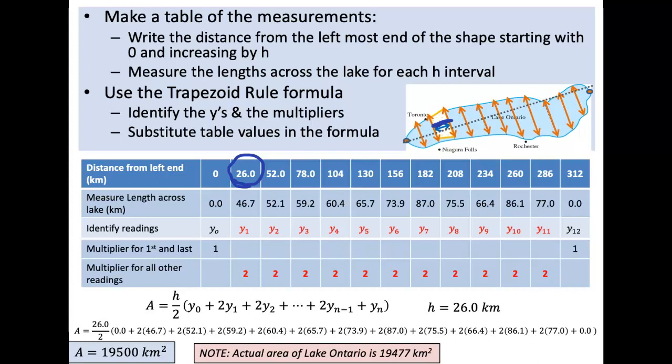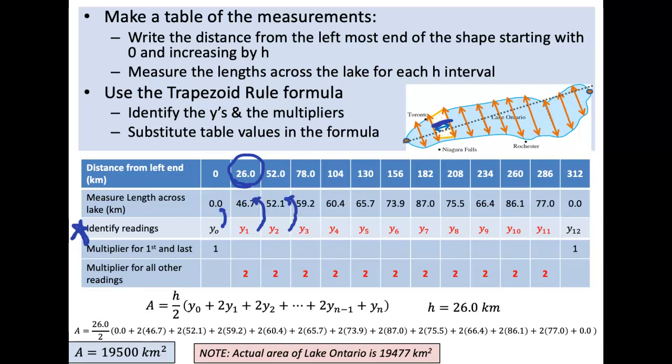Now, those measures we're going to refer to as y's. So y sub 0 is this 0 here. Y sub 1 would be this 46.7. Y sub 2 is this 52.1, and so on.